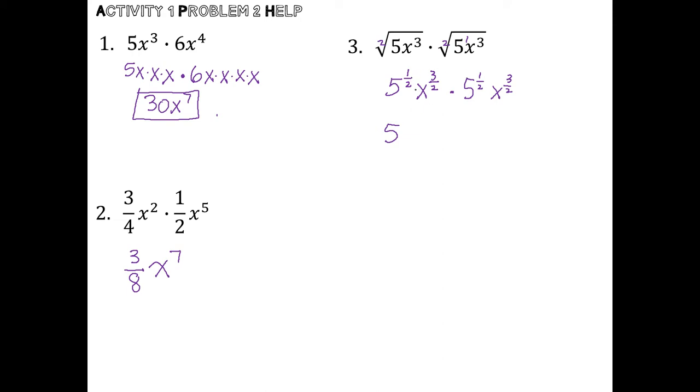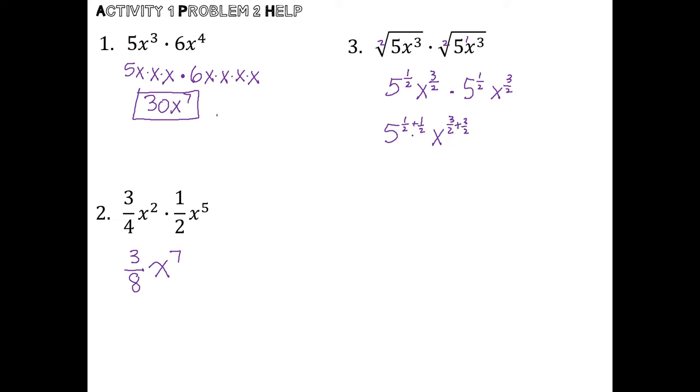So it's going to be 1/2 plus 1/2. I'm just going to rewrite it. Normally I would not do this, but we're just going to do this right now since this is just practice. 1/2 plus 1/2 because we're adding the exponents, and same thing with the x's. That's going to be 3 over 2 plus 3 over 2.